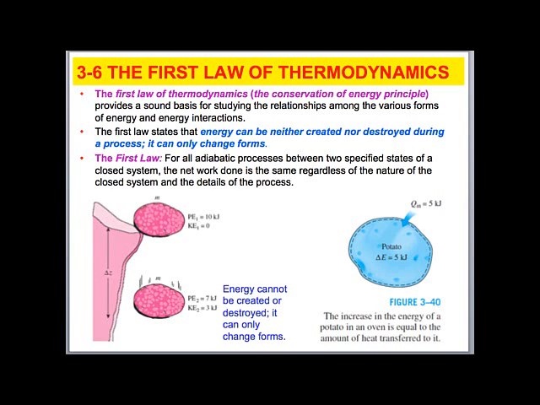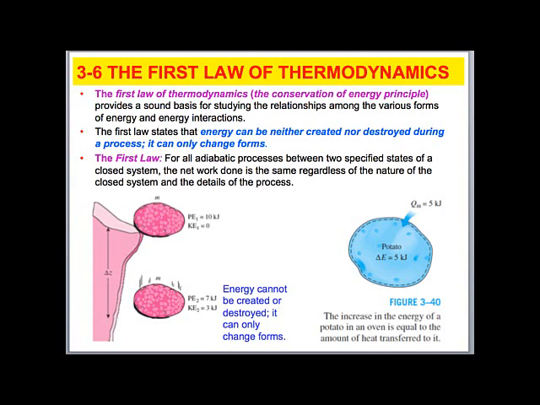Energy into the system minus energy out of the system equals the change of energy inside that system. In other words, energy can be neither created nor destroyed during a process. It only changes forms. And I hope you leave this class knowing this principle and seeing how it applies to many different types of cases in engineering.